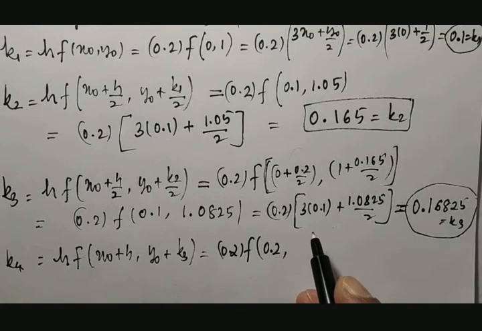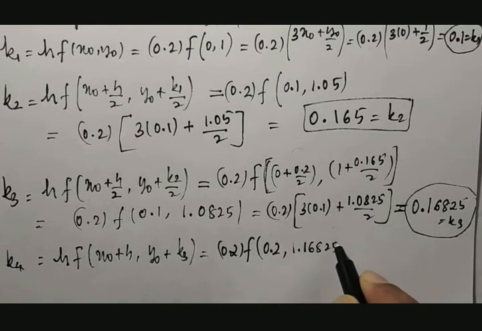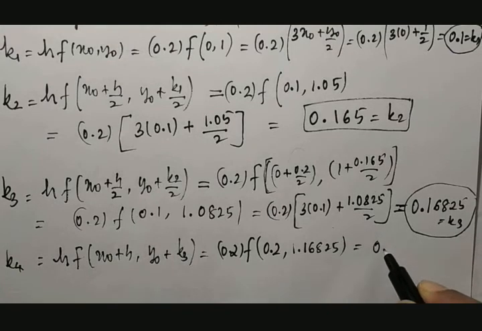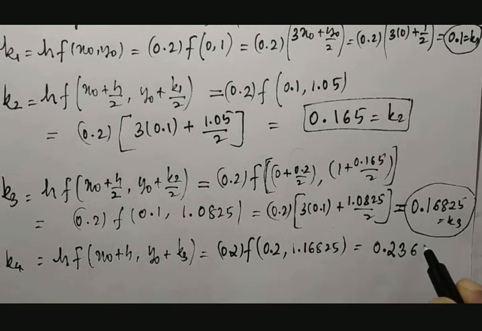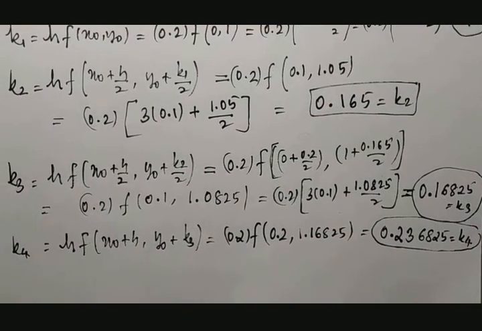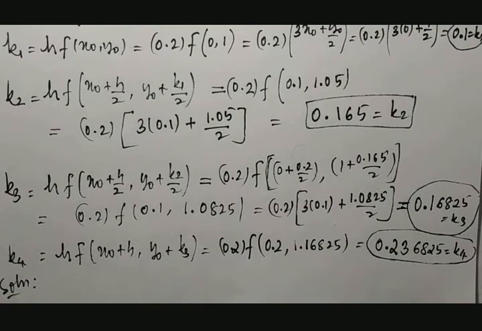So it becomes 1.16825. If you substitute this value in the function, this will be equal to 0.2 into 3 into 0.2 plus 1.16825 divided by 2, which is 0.236825. This is the value of K4.